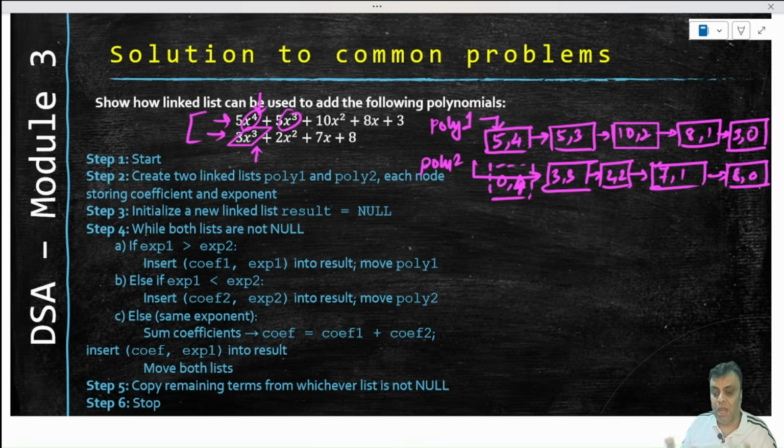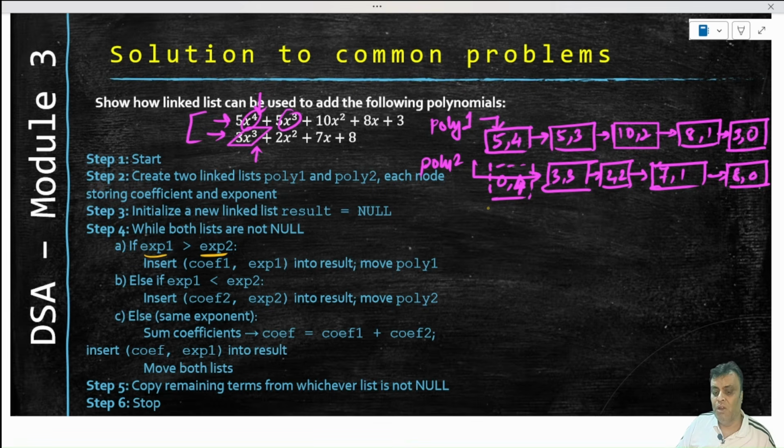So I'm asking you to assume, you don't have to write any code for that. Just assume that there is an element like this here. If you assume an element like this which exists here, then all you need to do is that while both the powers are not null, you are supposed to check whether the power, in this case it is called exponent, right? But we'll stick to our power concept, right?